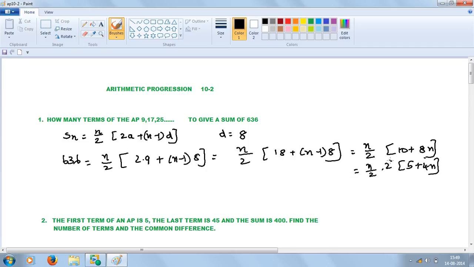So we'll get rid of this 2. Now we'll multiply this. n multiplied by 4n is 4n square. Next is plus 5n. So 4n square plus 5n minus 636 is equal to 0. Now we should solve this equation to get the value of n.